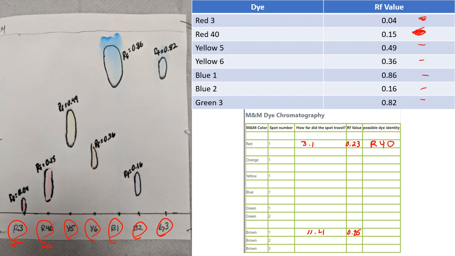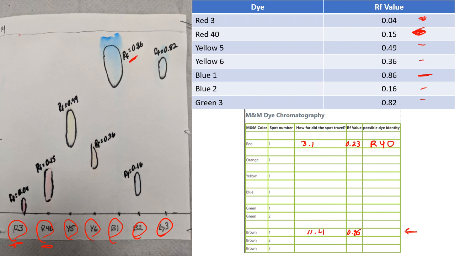Look at the first, or the highest, spot for the brown down here. You'll notice I have an RF value of 0.85, and if I remember, it's kind of a blue spot as well. I see that I have a spot of blue dye, blue 1, that is 0.86 from the standards here.